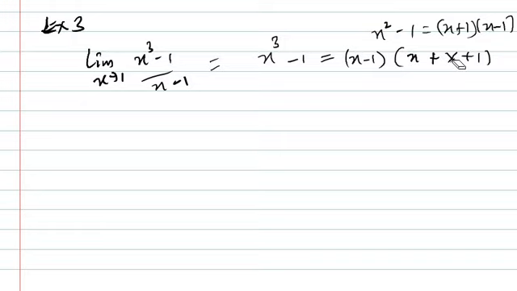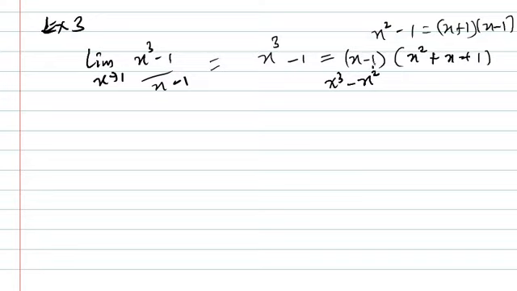let's say if you add x, so we have x times x, which is x squared, and another x here, so it's not going to give us x cubed. But what if we add x squared here? So x times x squared gives x cubed, and then this times this gives negative x squared.